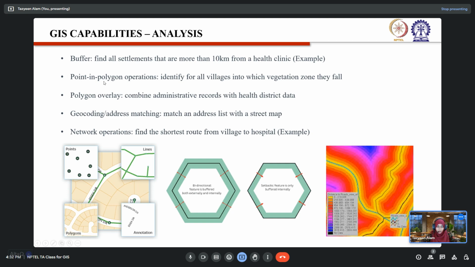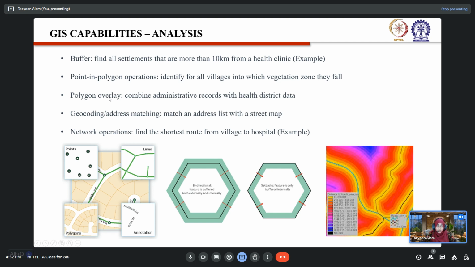The next feature is point and polygon operations. Here you are identifying, for all villages, into which vegetation zone they fall. So you are trying to identify a specific point in a polygon. My village becomes the polygon, but my vegetation zone becomes the point which I am trying to identify.